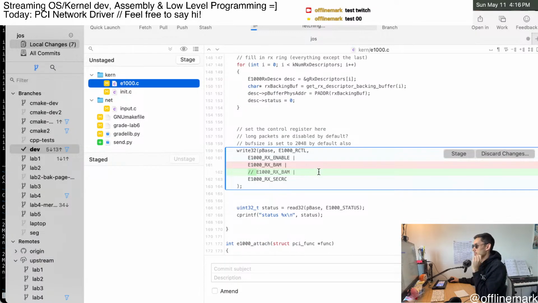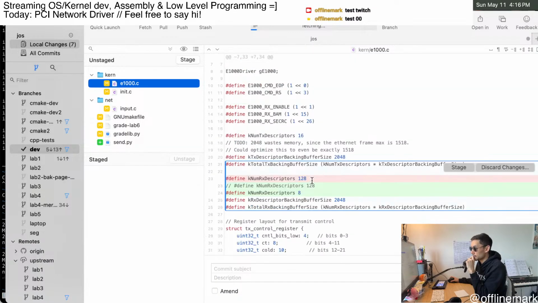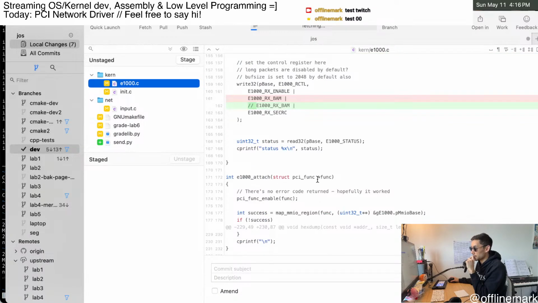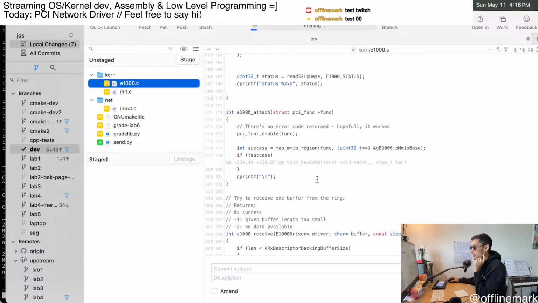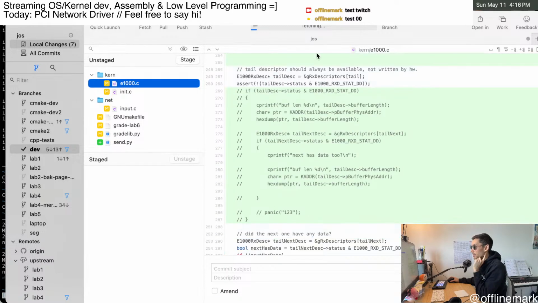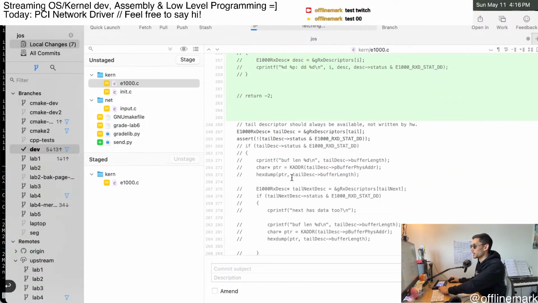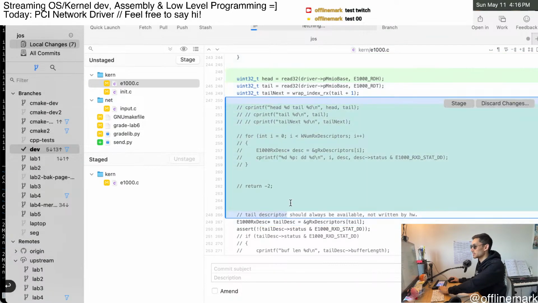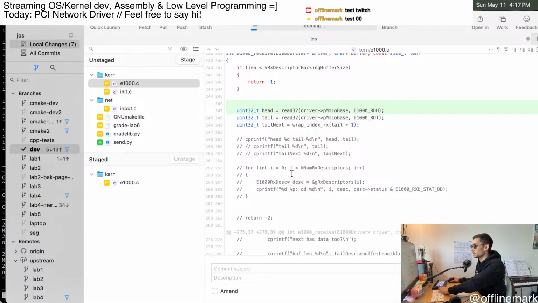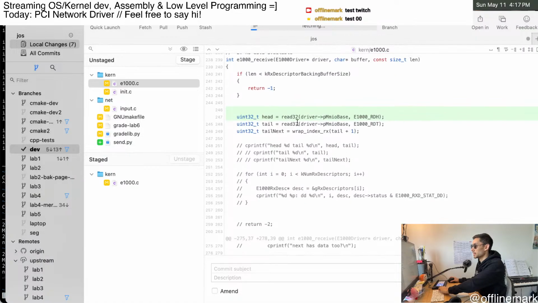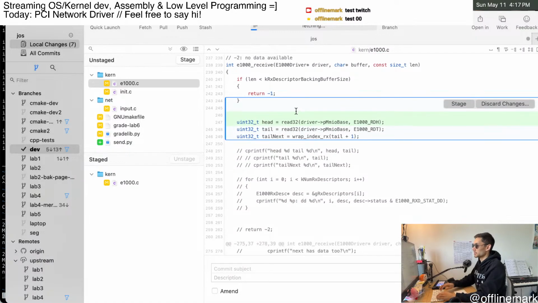I did that while I was debugging things. I think I might also just leave this in here for now, and I don't necessarily need these anymore, but I think I might just stash them just in case they come in handy.